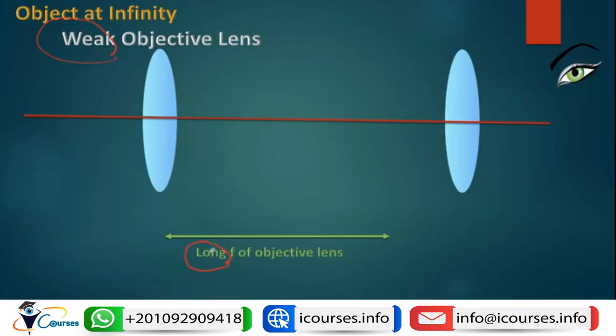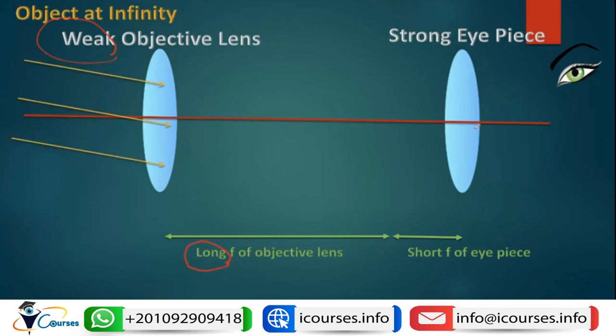So there will be a long focal length of the objective lens, and this is intended. Then we have a stronger eyepiece. It is a strong plus lens, so it will have a shorter focal length. So the focal length of the eyepiece will be short.